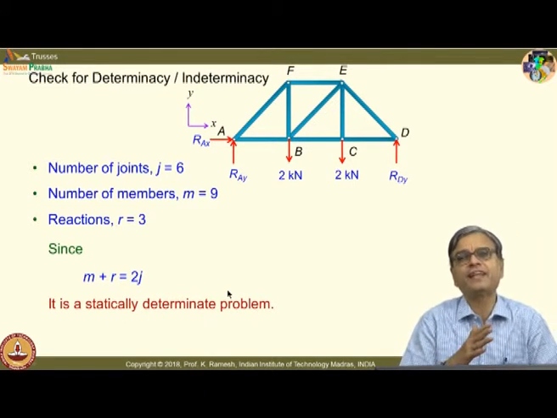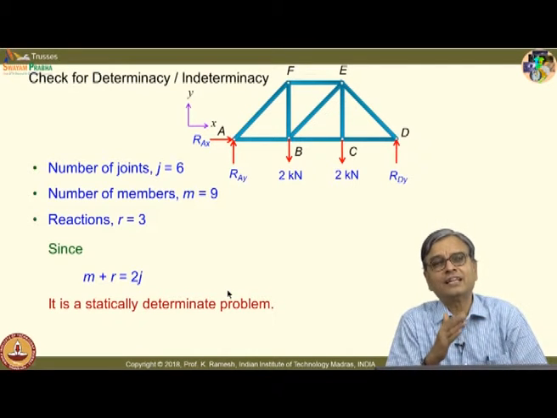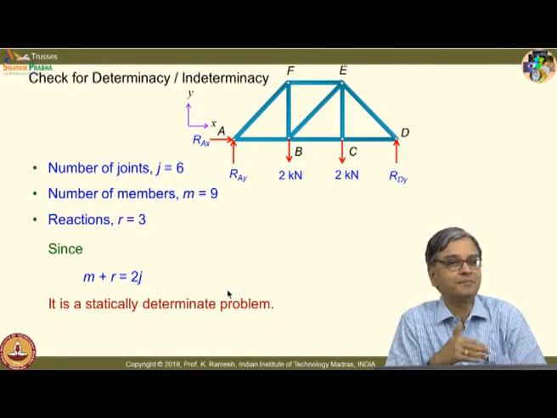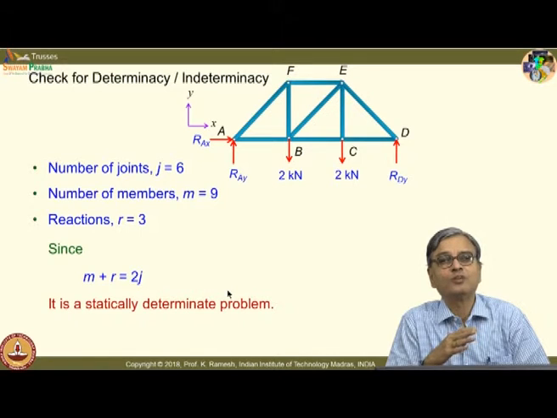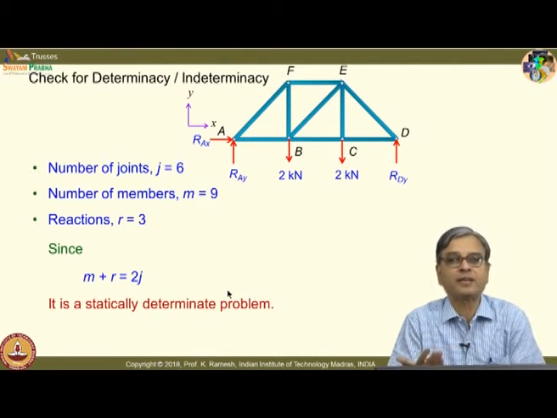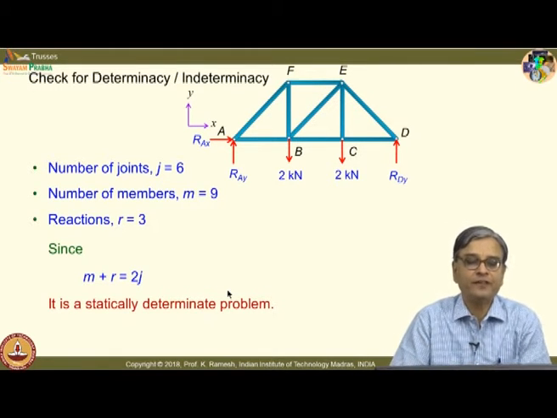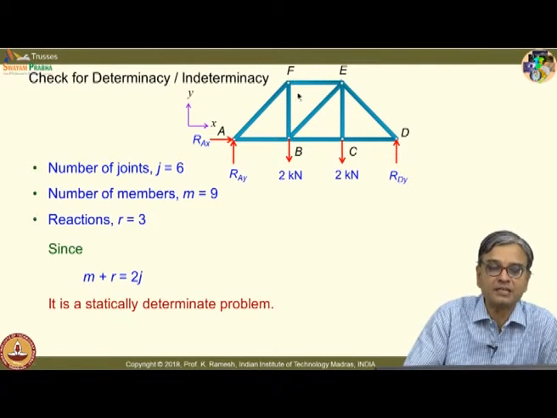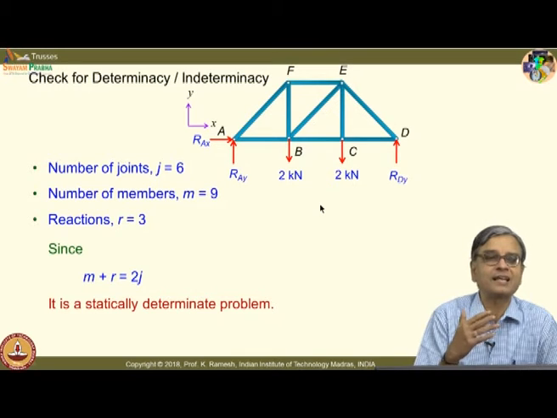It is more of a training for you to get the jargon in the subject. You have to identify whether the problem is statically determinate or indeterminate. See, usually if a truss has only triangle members and one support is hinged, the other support is on roller, invariably it will be a statically determinate problem.